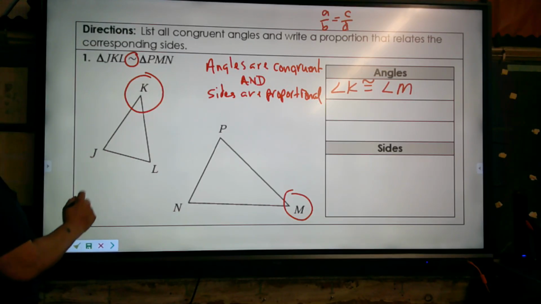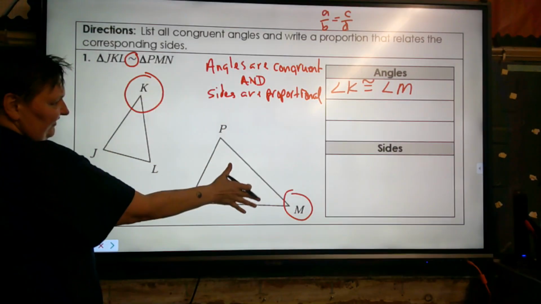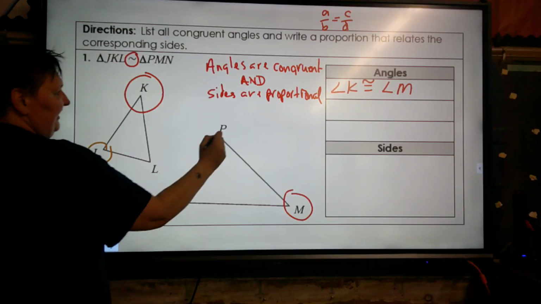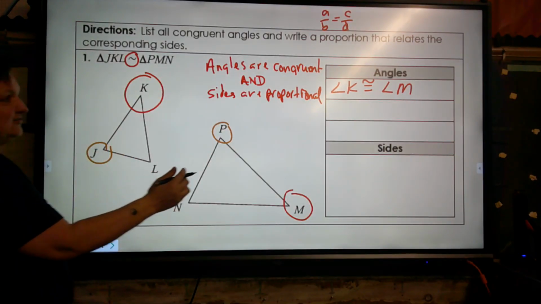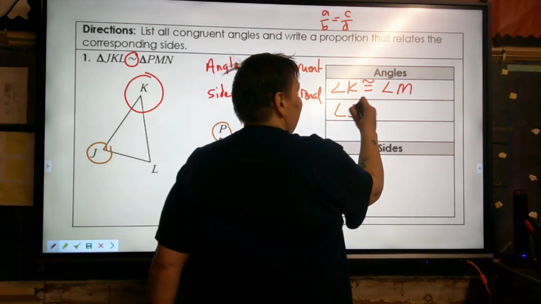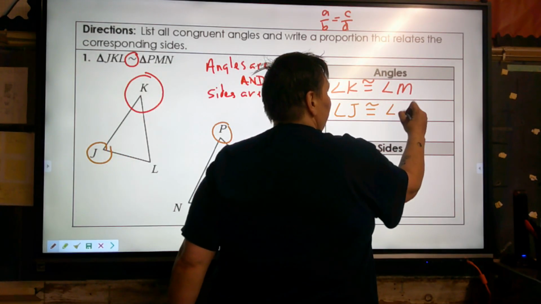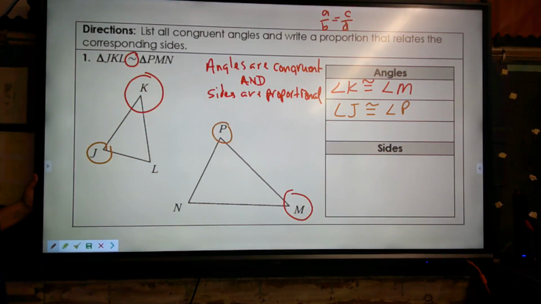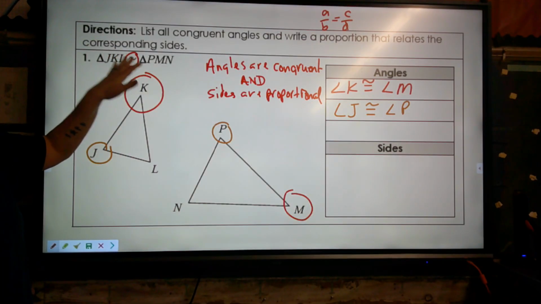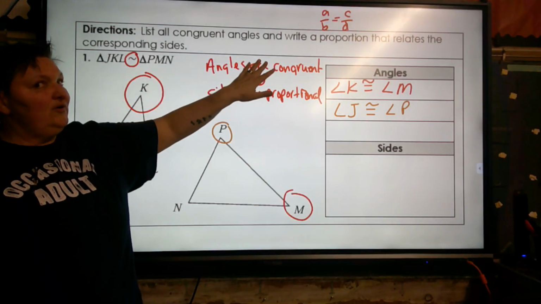Let's change colors. If I was rotating it, it looks like the J would land on top of the P. So that means angle J is congruent to angle P. I'm just matching them up. We already know they're similar, which means we know the angles are congruent.